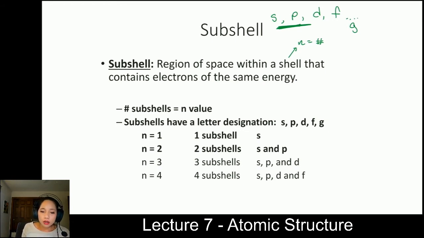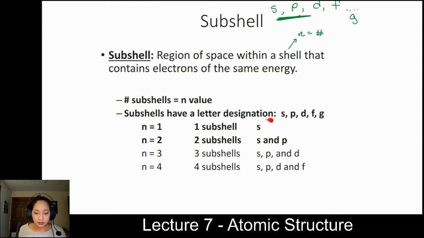So all of these subshells may exist in a certain ring or certain energy level shell. So the number of subshells that you can have is equal to the n value associated with that ring, because there's always subshells within a shell. So again, subshells can have letter designations.